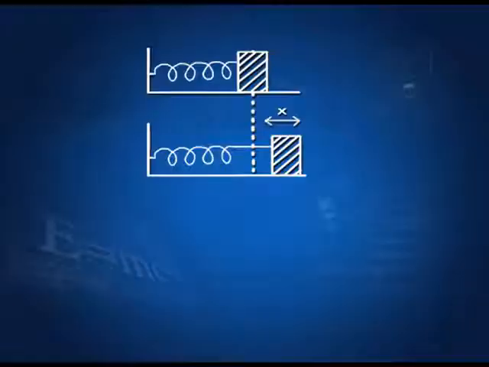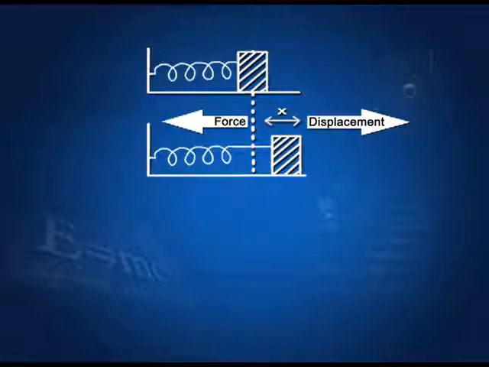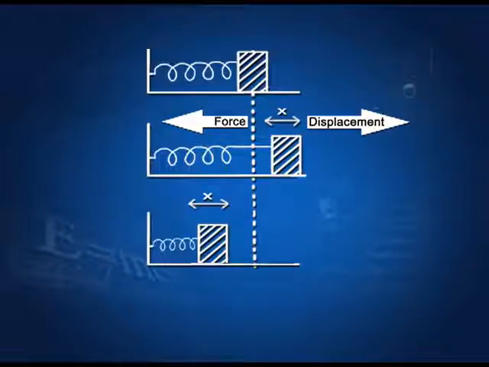So, if the displacement is in this direction, a restoring force develops in the opposite. Likewise, you can imagine a situation where the block would be somewhere in this location and the spring compressed by the same extent as x.